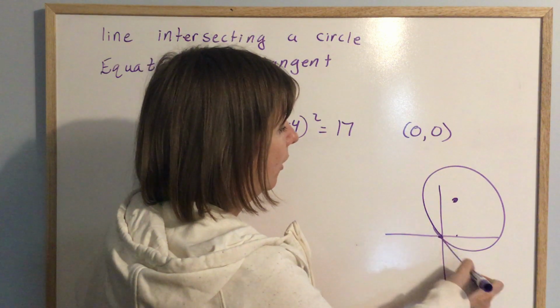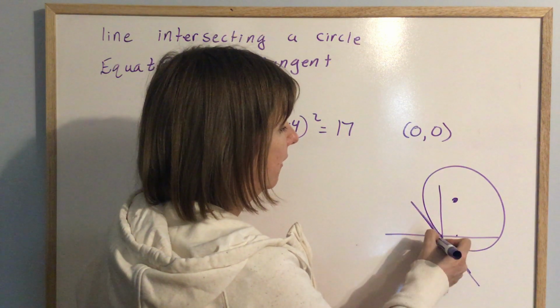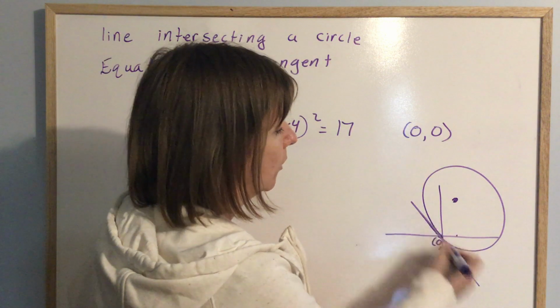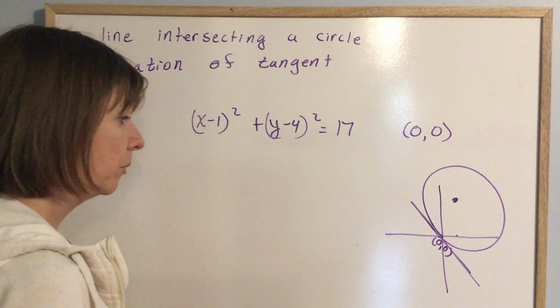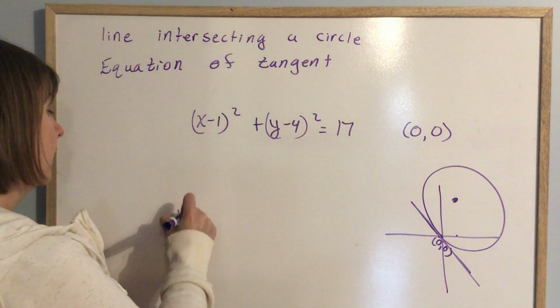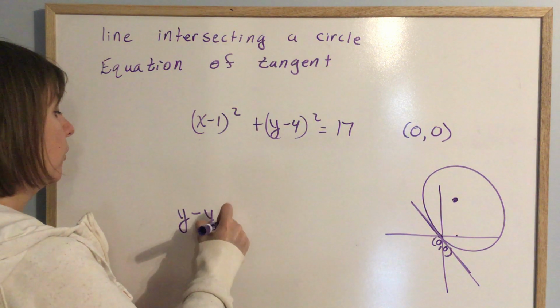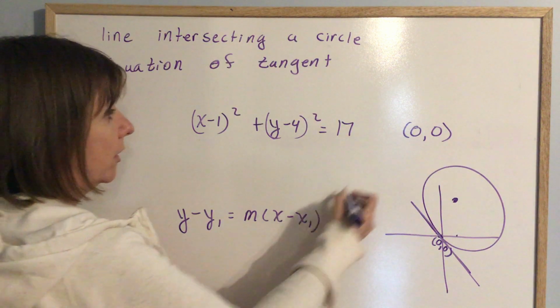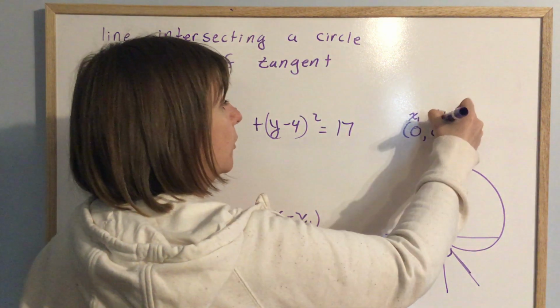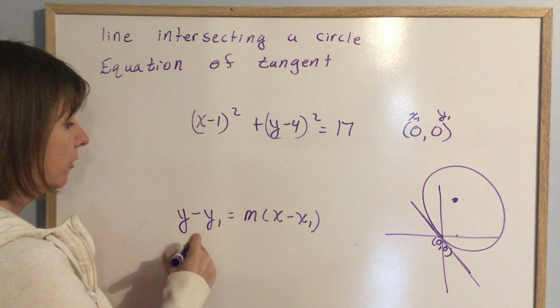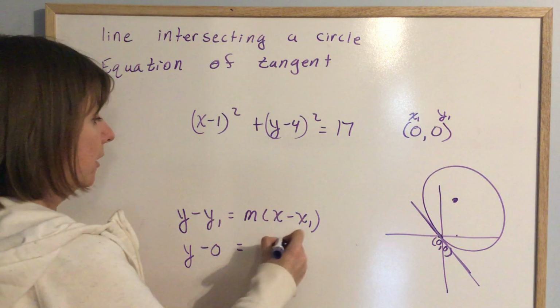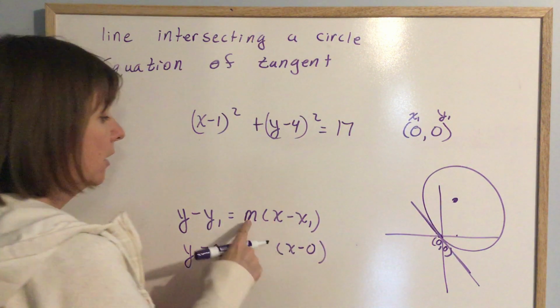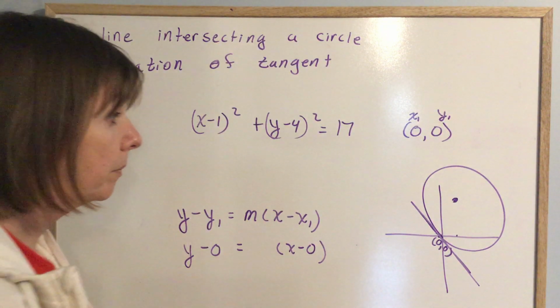And we were to draw a tangent line at this point 0 and 0. What would be the equation of that tangent line? An equation of a line is always y minus y1 is equal to slope times x minus x1. And you're given an x1 and a y1. So this would be y minus 0 and x minus 0. The trick is you need the slope.